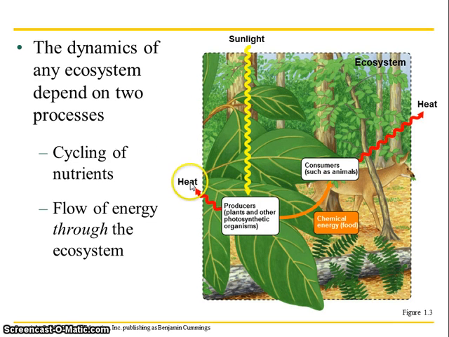Whereas energy flows through, it constantly comes in as light, and plants, photosynthetic organisms, make more energy, they make sugars. Consumers eat those sugars and use them, and we've got energy lost as heat. Whereas nutrients cycle. Right here we'll have the carbon cycle and nitrogen cycle.